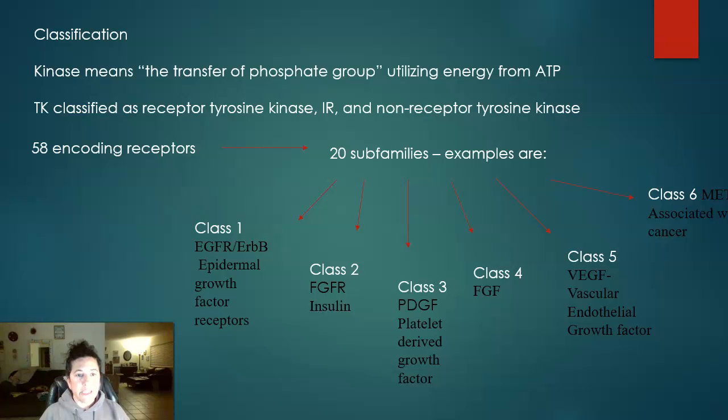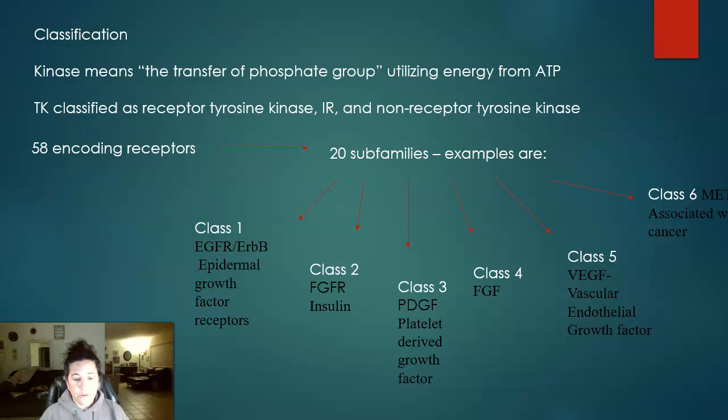Those tyrosine kinases are classified as receptor tyrosine kinases. They could also be the IR, which are the insulin receptors, and they could be non-receptor tyrosine kinases. We have about 20 subfamilies, and I've only listed a few here, but they're pretty significant.